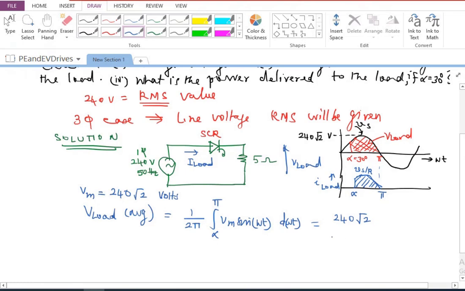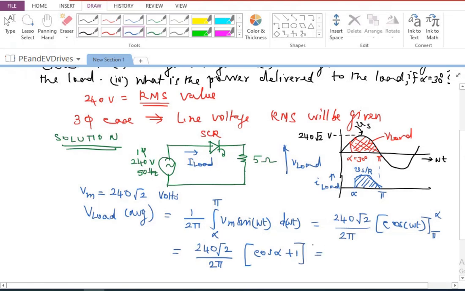So 240 times root 2 divided by 2 pi multiplied by the integral of sine omega t. When you integrate, it is going to be minus cos. So I can write this as cos omega t with the limit of alpha at the top and pi at the bottom because the minus sign has been removed. So I can write this as 240 times root 2 divided by 2 pi multiplied by cos alpha minus minus 1. So it is 1 plus cos alpha.